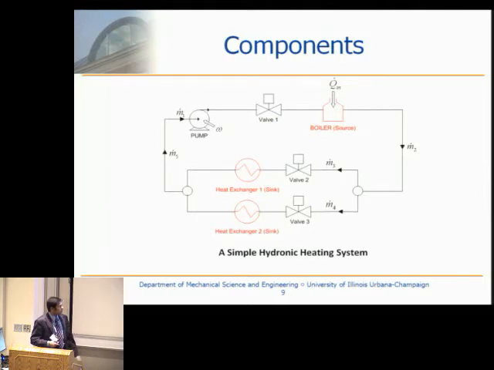The thermal components can be categorized as source components or sink components. The source components are typically boilers in a heating system or chillers in a cooling system. The sink components are the heat exchangers, which serve the conditioned air to the various spaces in the room.